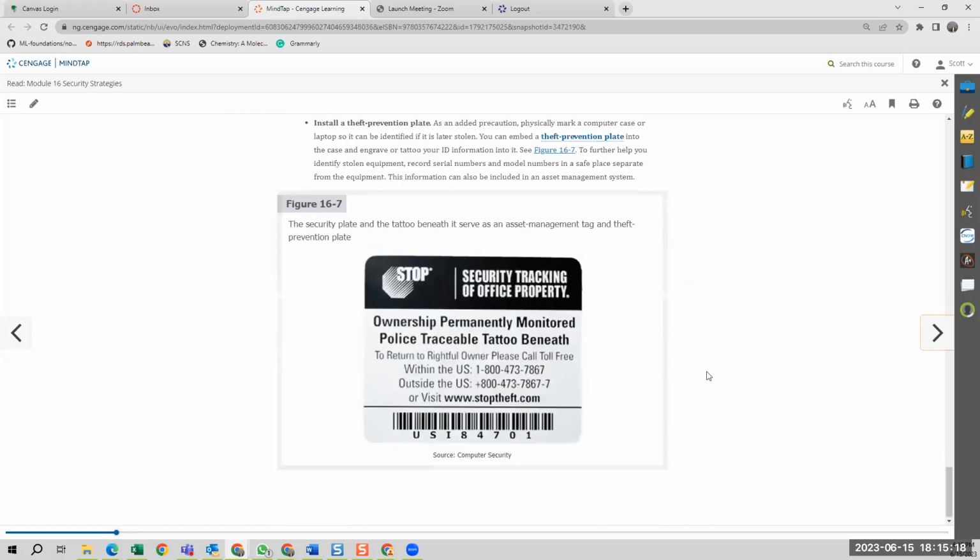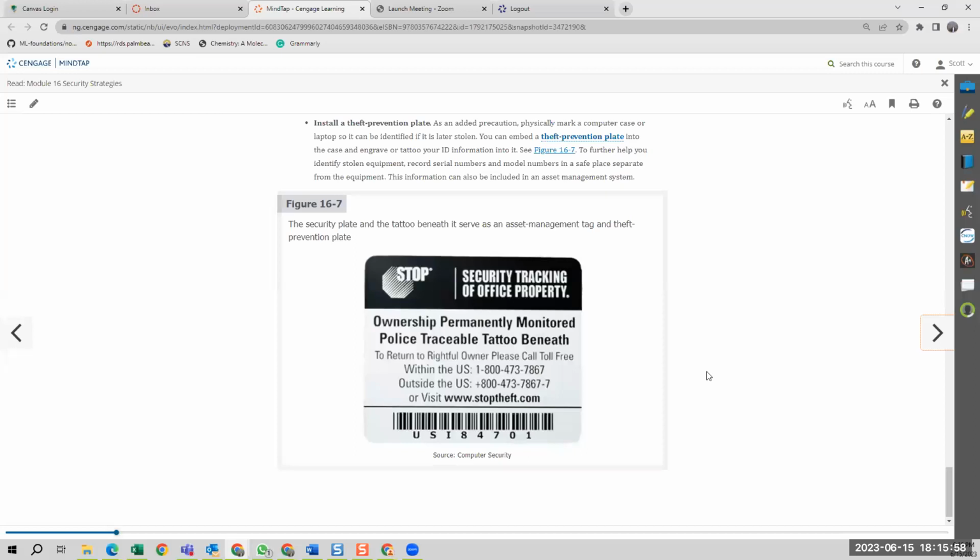Now, we try to track the devices to know where they are, where they're being stored. We do inventories at least once a year at the college to track every asset, every resource. So if somebody's issued a computer, an employee literally has to put eyes and hands on that computer at least once a year and make sure that it still exists and hasn't been stolen, hasn't been destroyed, whatever it may be.